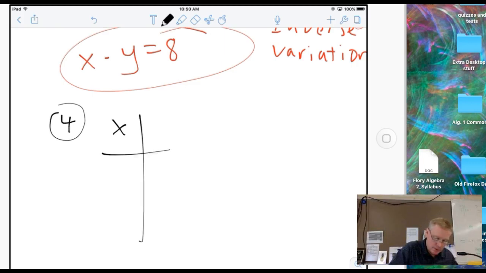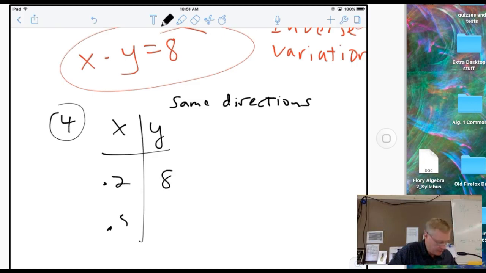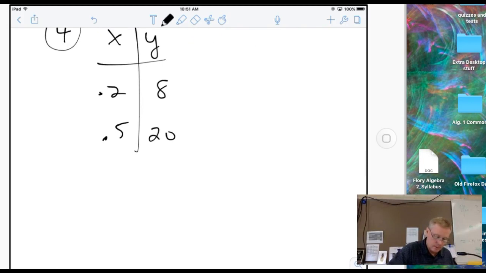X, same directions. Point 2, 8, 0.5, 20, 140, 1.5, 60.